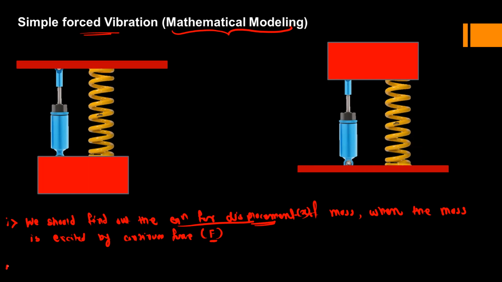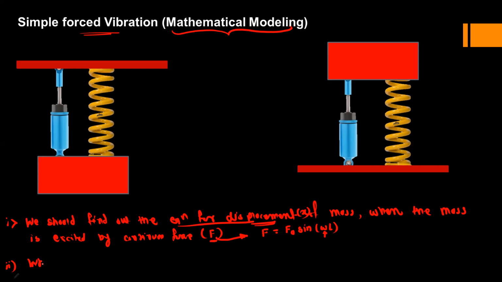And second, this force actually is a harmonic force. So it will have the equation F is equal to F0 sine omega t. That means the force is changing its direction by this frequency omega. Okay.